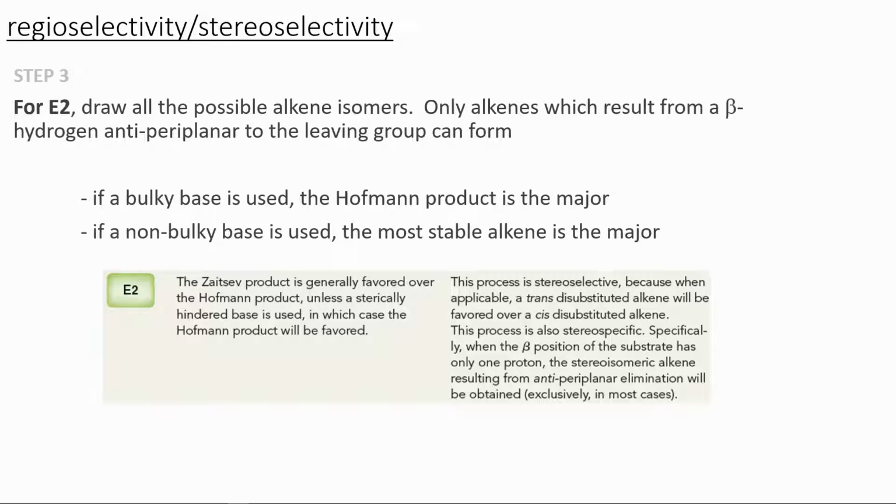And these will result from different beta hydrogens that can have an anti-periplanar relationship to the leaving group. Then, if we have a bulky base, we can identify that the Hofmann product is a major product. Or if we're using a non-bulky base, the Zaitsev product is going to be the major alkene isomer, which is also the most stable isomer.